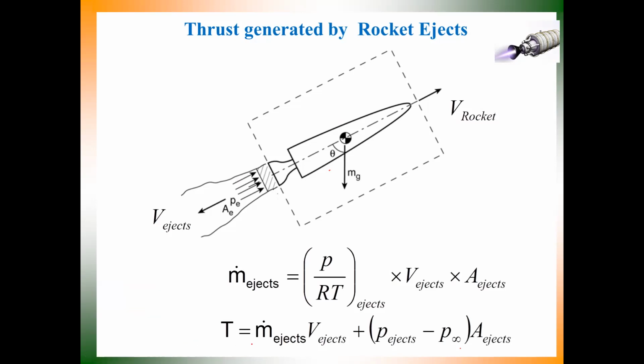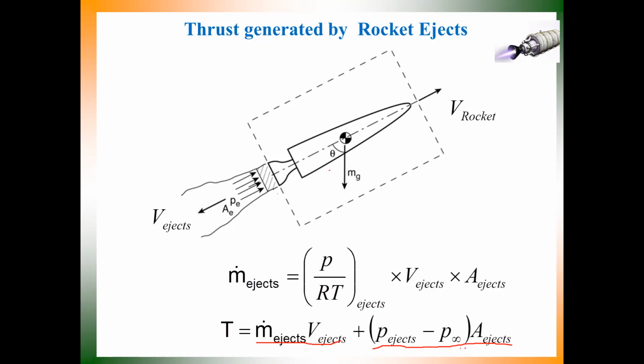Okay, so the first term is called the momentum thrust, and the second term is known as the pressure thrust. We have terms such as optimum expansion of a nozzle, over-expanded nozzle and under-expanded nozzle, because of the pressure term only.